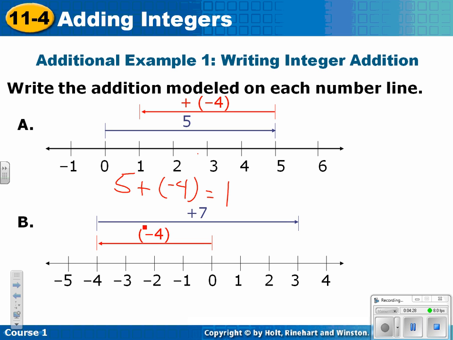Okay? Just like you did in first grade. You moved your finger, the first number is 5, and then we are adding a negative, so I know I have to go left. I go left 4, 1, 2, 3, 4, and I ended up at negative 1, so that's my answer.